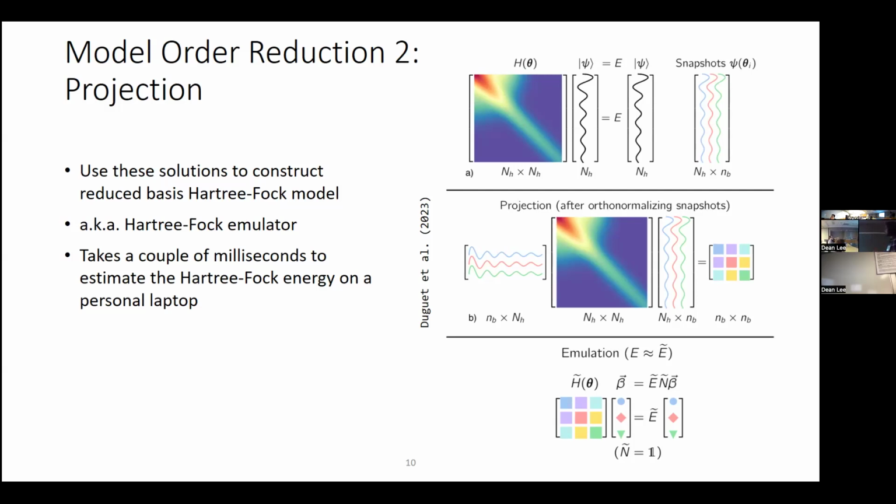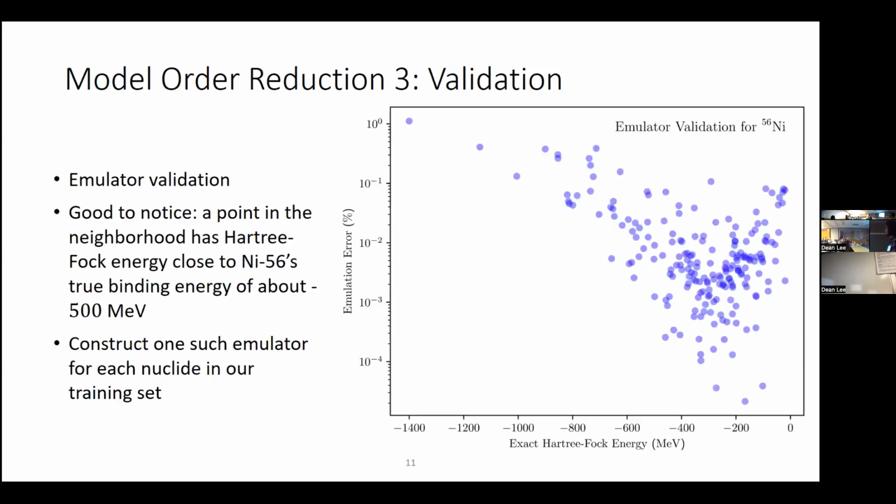So we have a small-dimensional projected subspace which allows rapid calculation. It is essentially a reduced basis Hartree-Fock model that we can use. We construct this emulator, and then it's useful to see how well it performs. Here I'm showing you a validation result for an emulator constructed for nickel-56.